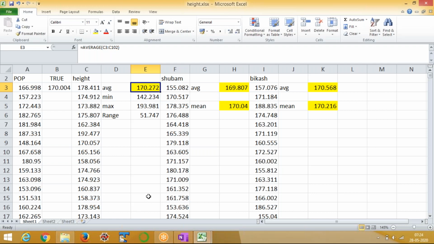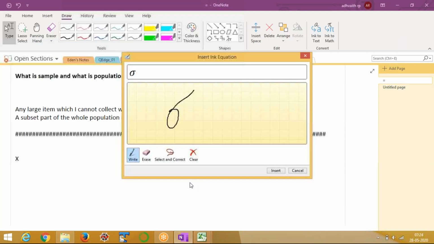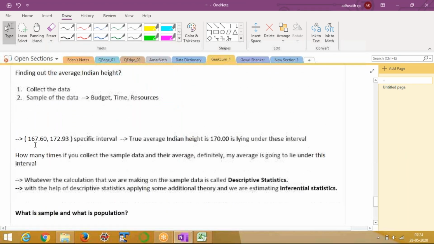If you observe in yesterday's class, I gave some certain interval here. But how is this interval calculated? That means I added some additional theory. I applied some formula. We have not discussed what that formula is, but I have provided it in the Excel sheet, and that Excel sheet calculates it directly for me.